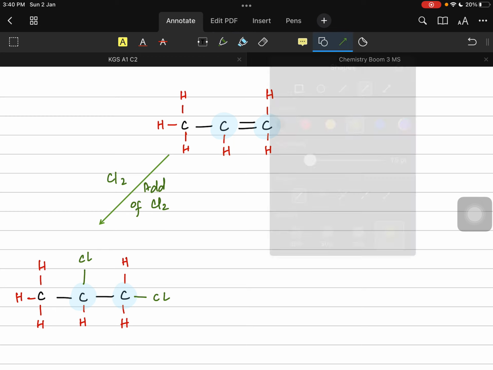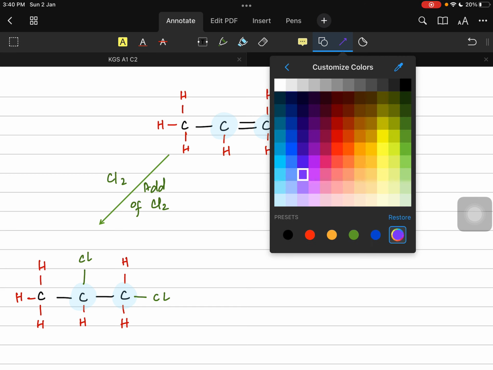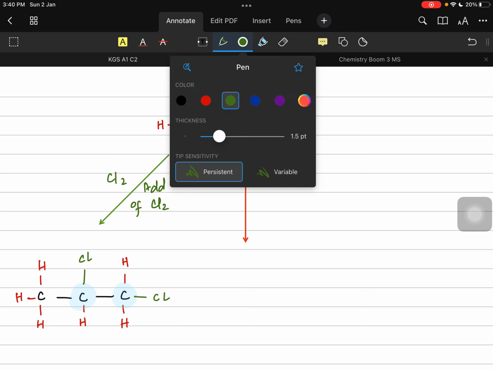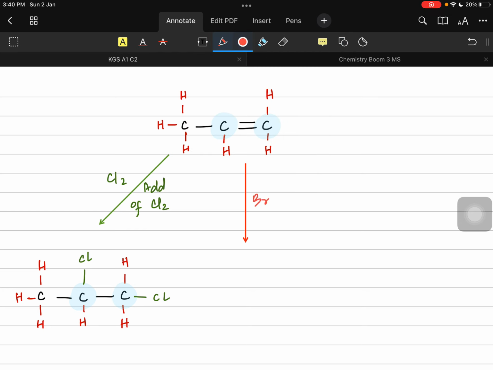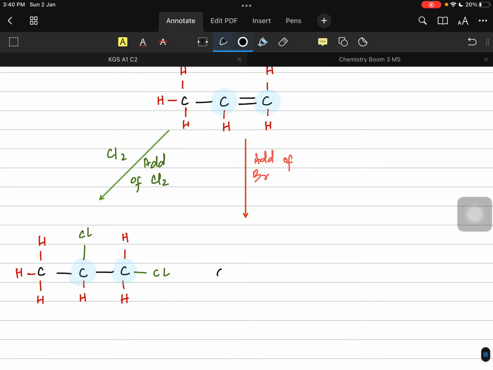Let's try another example. Let's suppose I'm making the addition of bromine. Now you do the same thing. You draw your 3 carbon molecule like this. 1 carbon, 2 carbon, 3 carbon. You make sure that the double bond is gone.